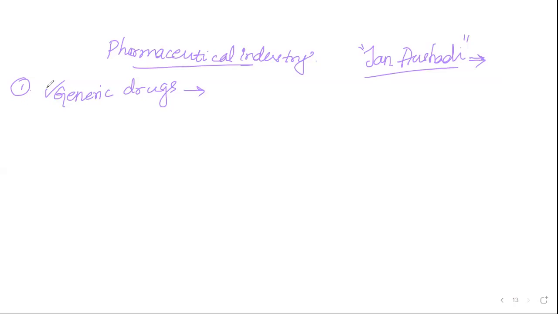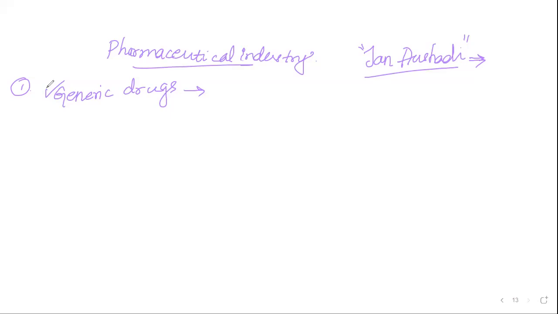MSc Chemistry, BSc Chemistry, all of these people are absorbed by the pharmaceutical industry. That is why, because of the educated and skilled manpower, drug manufacturing could be done at a much lower cost. It is a cheap labor force, but at the same time, an educated and skilled labor force.